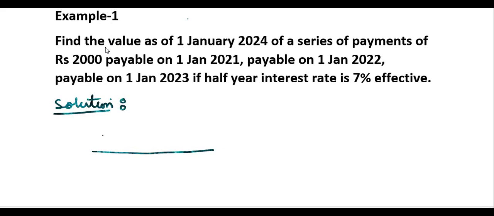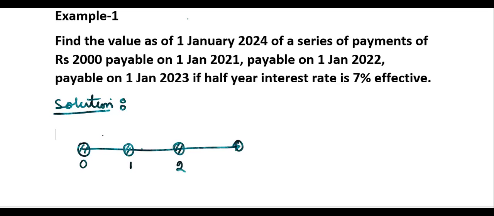I'm just writing 0, 1, 2, 3 here. So 2000 here, then 2000 here, then 2000 here. 3 payments are here.